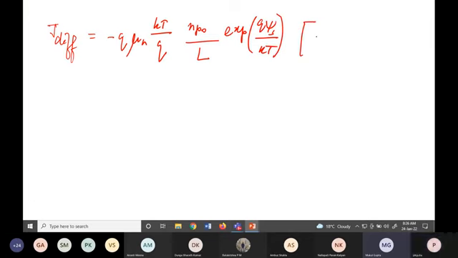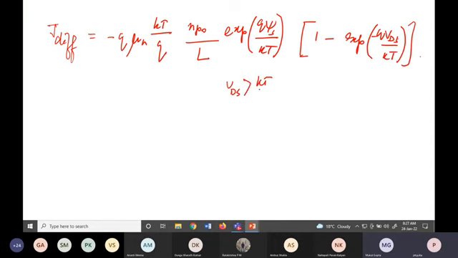Another thing is this VDS. If VDS is more than KT over Q, in the last class we considered VDS to be around 100 millivolt, then this will be exponential of minus 4, because KT over Q at room temperature is around 26 millivolt. So this term can be neglected.